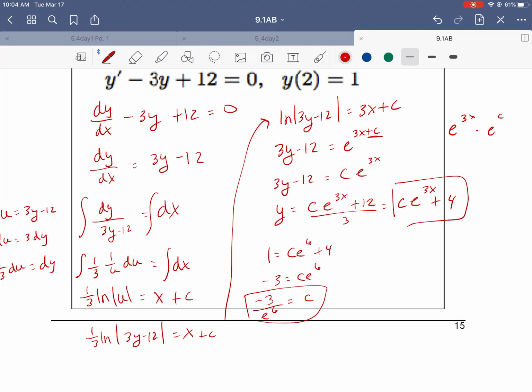So final answer, using my c, goes back into there. This could also be rewritten as -3 e. I'm dividing with the same base, so I can show that with subtraction in my exponent. Plus 4.